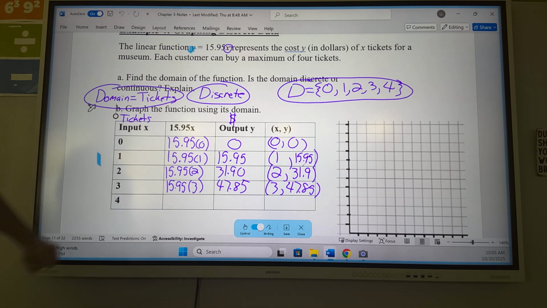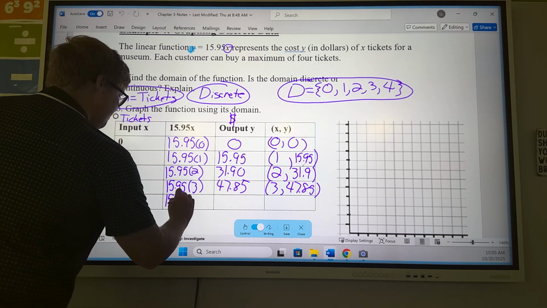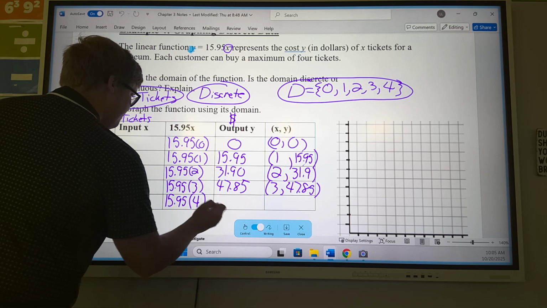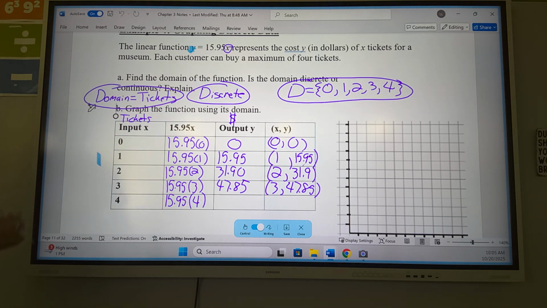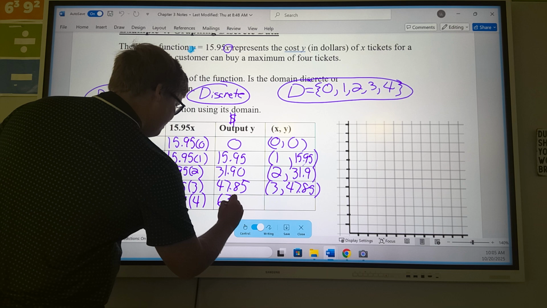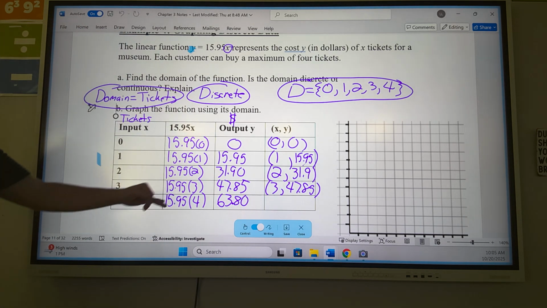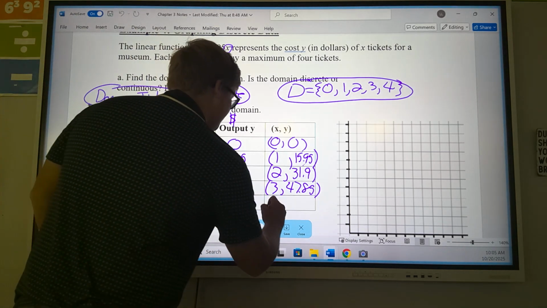Okay, and finally, let's do our 4th one. 15.95 times 4 is going to be what? 63.80. So when our x is 4, our y is 63.80.